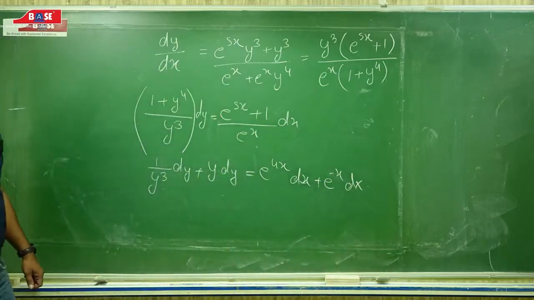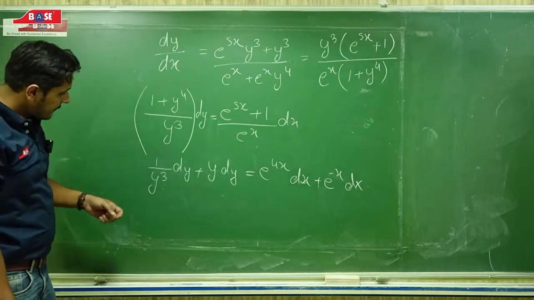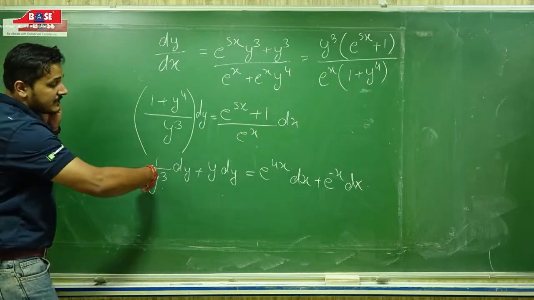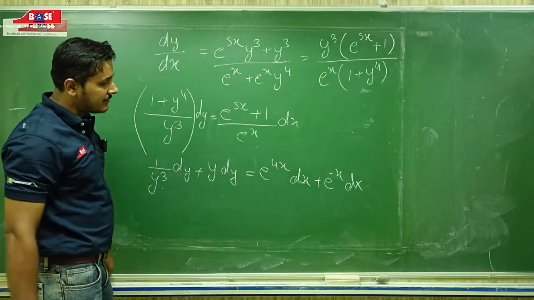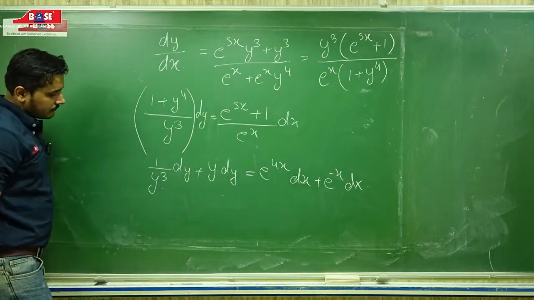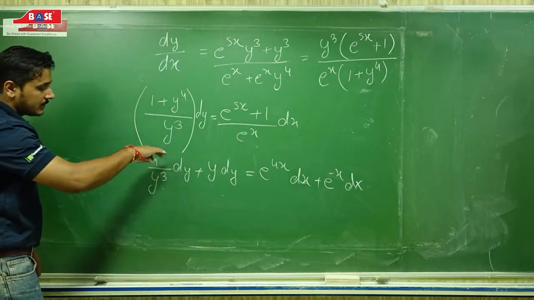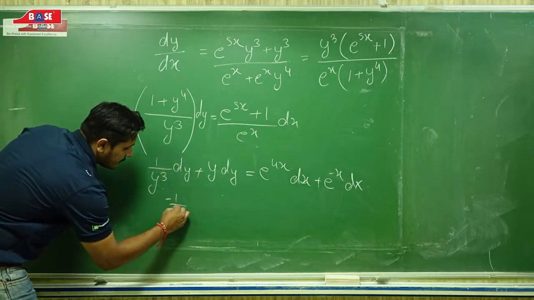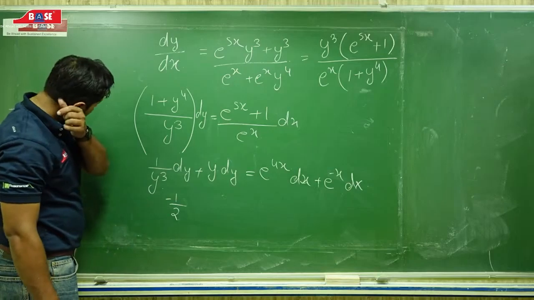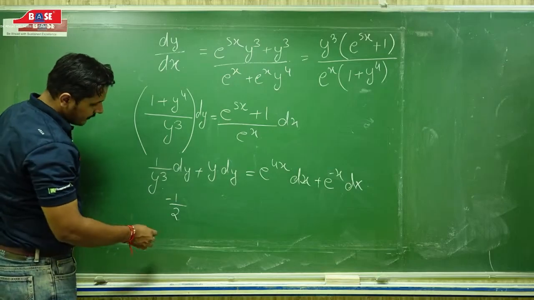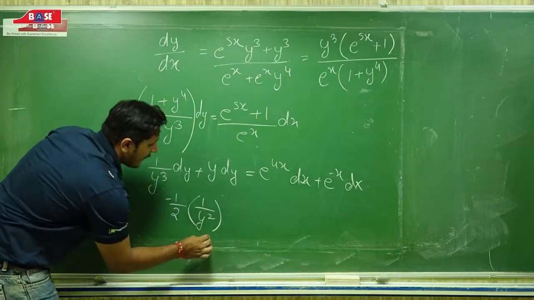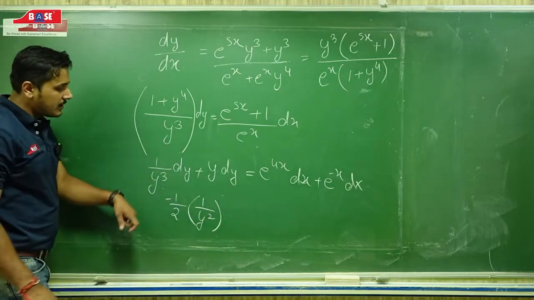Now integrate both sides. Integrate this with respect to y and integrate that with respect to x. Minus 3 will go up, so this is minus 1 upon 2 y square, from minus 3 plus 1.